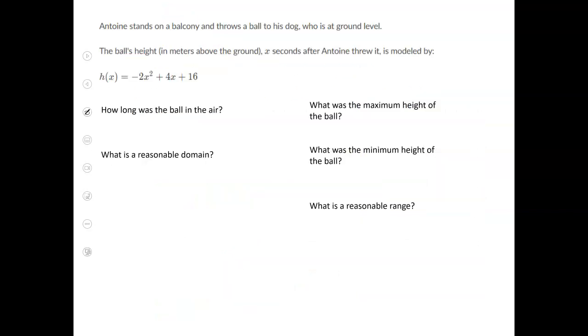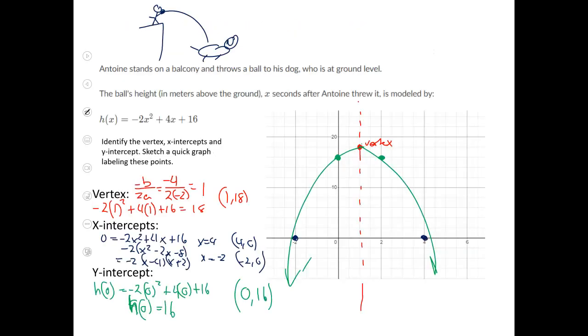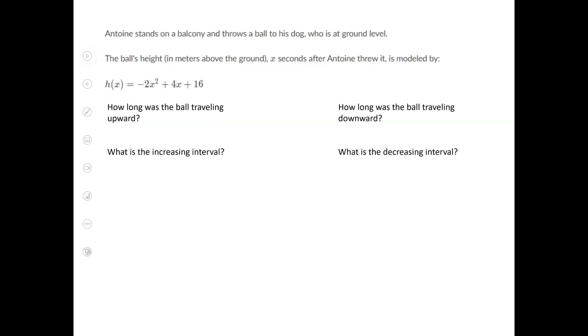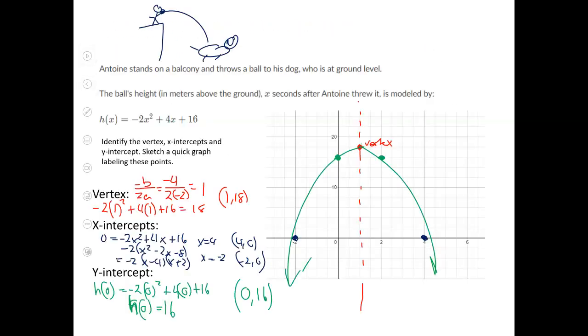How long was the ball in the air? So what part of my graph tells me when the ball was in the air? Everything above the x-axis. Okay, so my positive interval. So how long the ball was in the air is going to be measured by my positive interval. Now again, keep a reasonable domain in mind. What is my positive interval going to be?